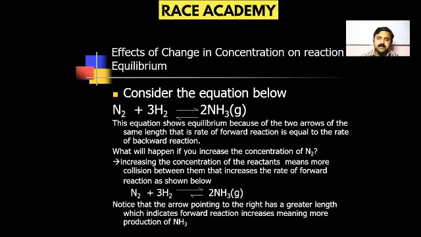If you carefully observe the second equation, the forward arrow is longer than the arrow in the reverse direction. That tells you that when the reactant concentration increases, the equilibrium shifts in the forward direction to reduce its concentration.